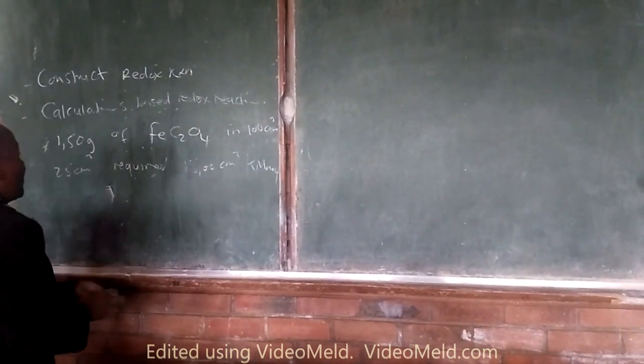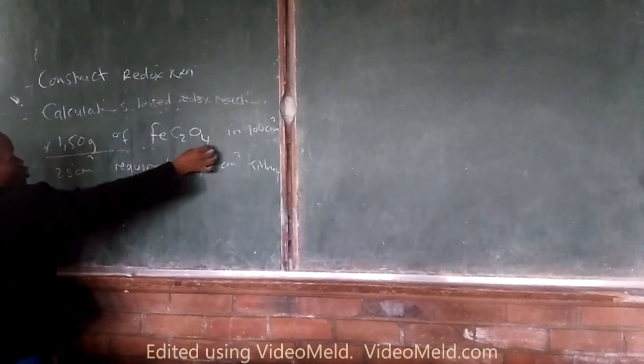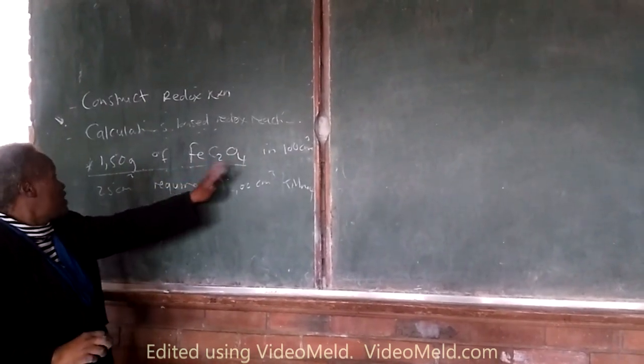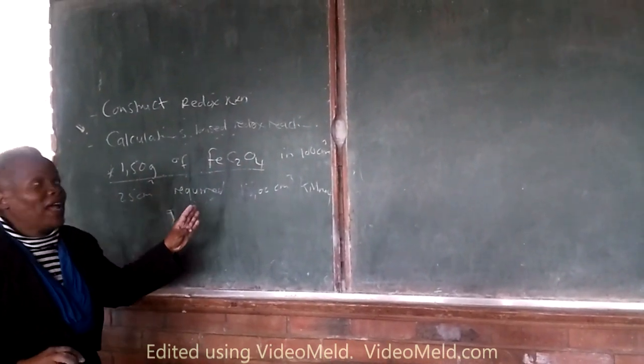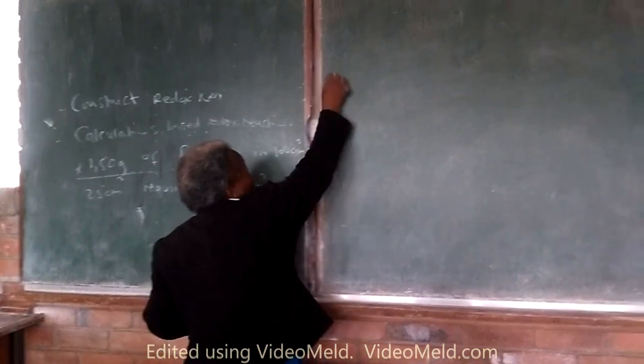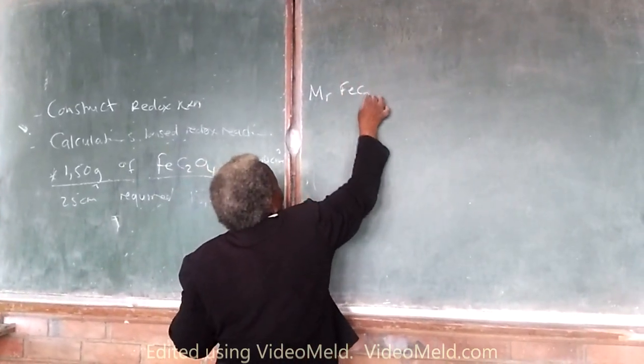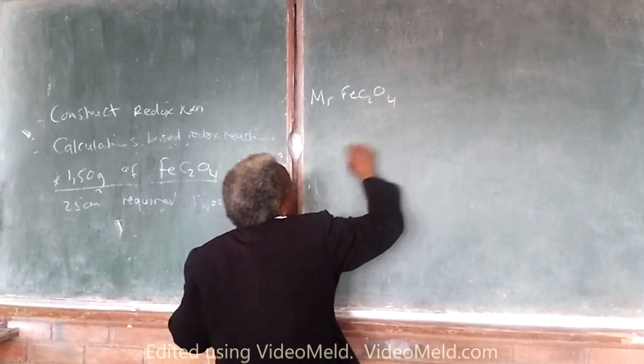We can use these two pieces of information to find the number of moles of ethanedioate which are supplied. So let's first find the Mr for iron(II) ethanedioate.